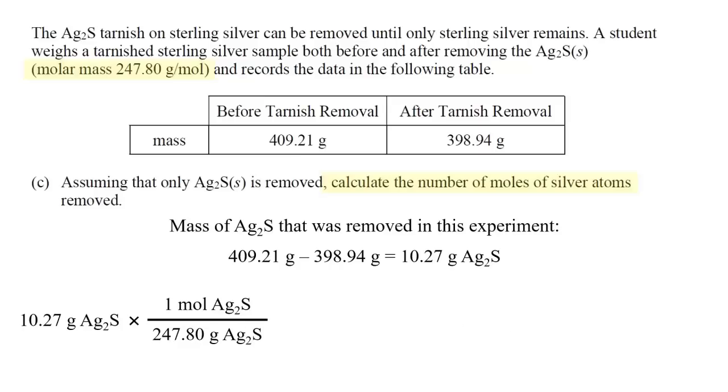So within the chemical formula, there are 2 atoms of silver for every 1 molecule. I guess you could say empirical formula unit. There's basically 2 moles of silver for every 1 mole of Ag2S. So again, if you weren't reading carefully, you would have missed that step and you didn't multiply by 2.